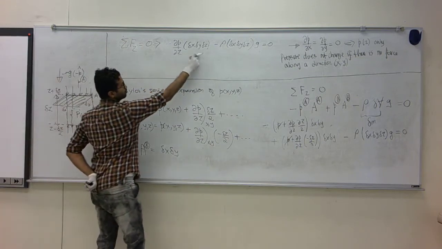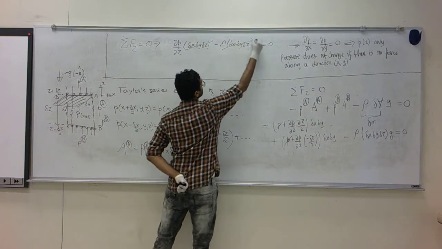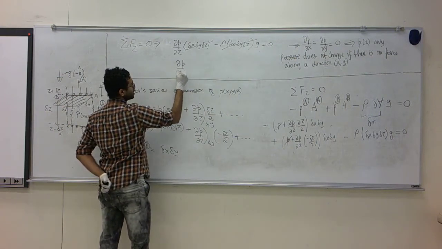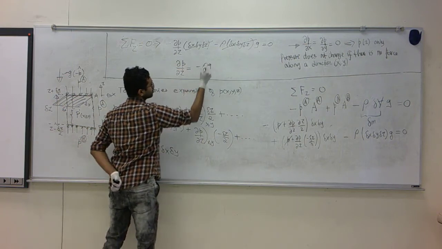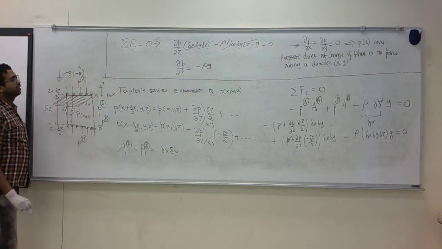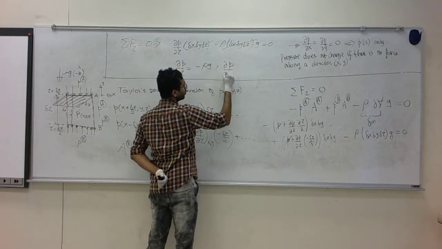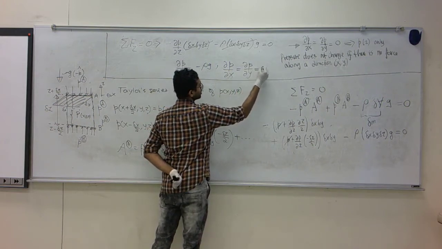This is volume. I can cancel it because it's not 0. So I have partial P over partial z equals minus rho g, in addition to the other two equations, which are partial P over partial x equals partial P over partial y equals 0.